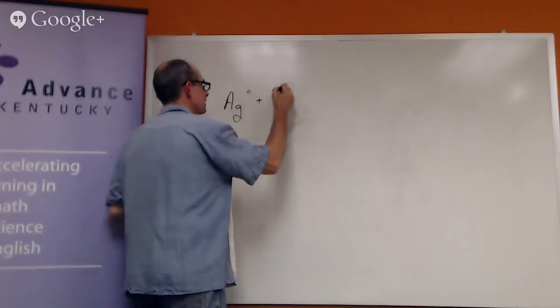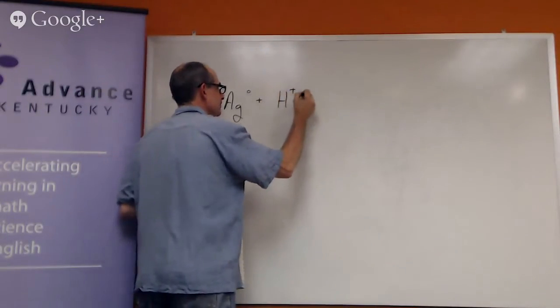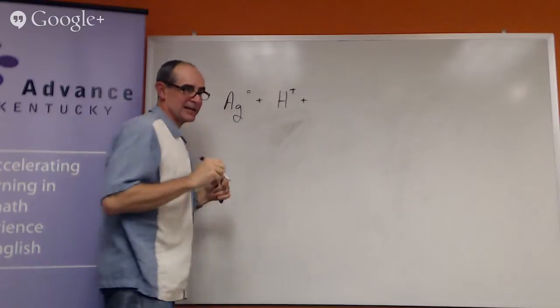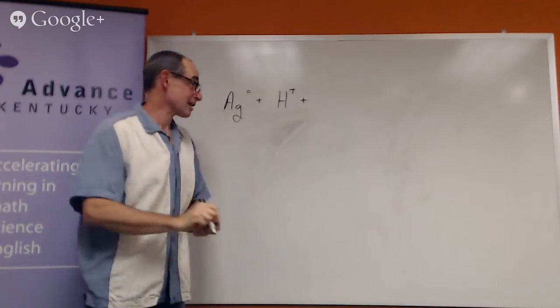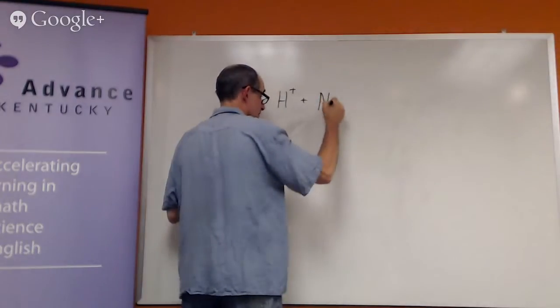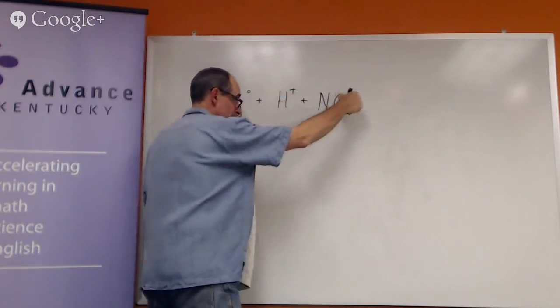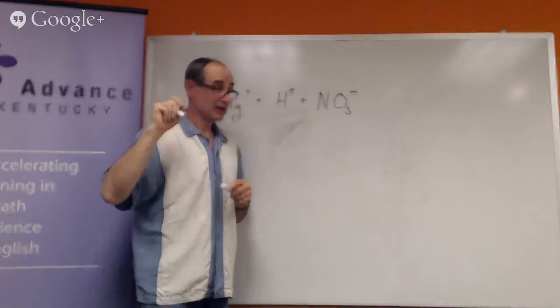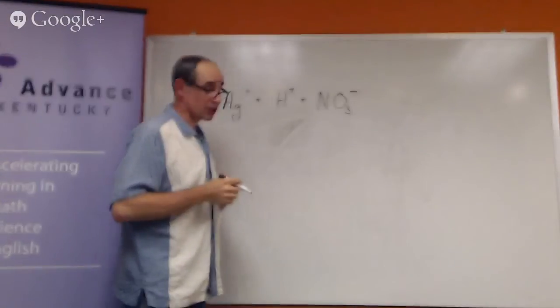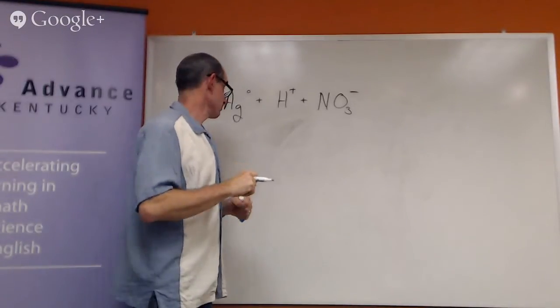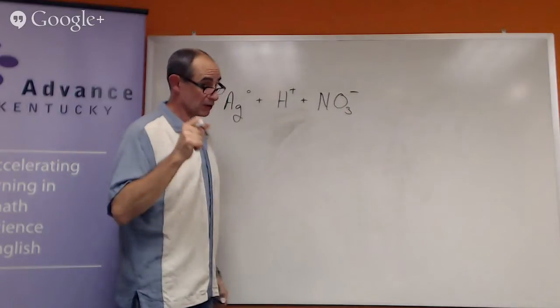Nitric acid would be my other reactant, and even though we might be tempted to write HNO3, it's a strong acid, so we're going to separate it into its reacting ions, H plus and NO3 minus. And remember, the charges are important. If you write H and just NO3, you are going to be wrong.